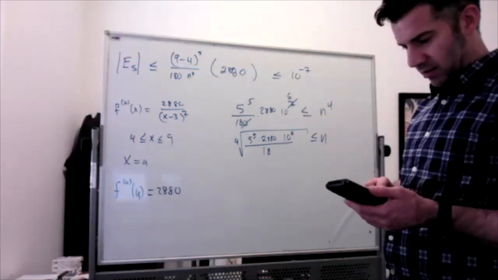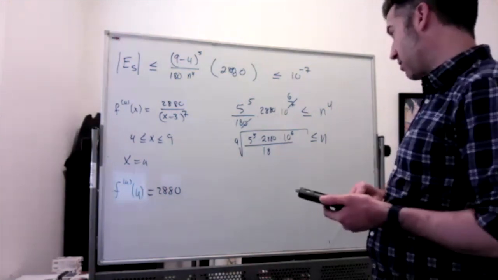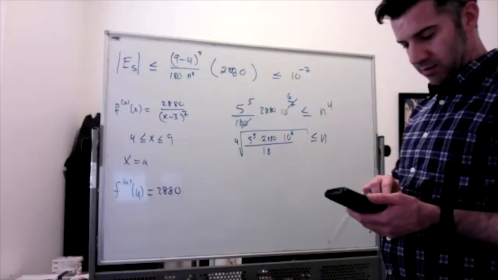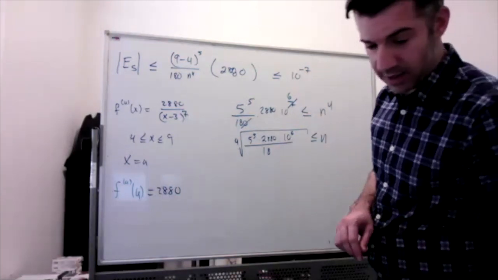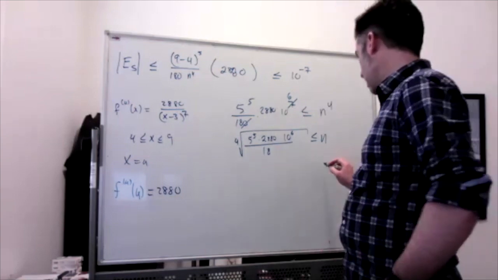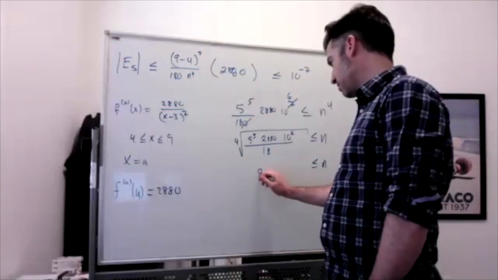Still feel like this isn't going to come out exactly right. So you have 5 times 10 to the 11th power, and then you want to take the 4th root of that. So here's what you get. You get n is bigger than or equal to 840.89.